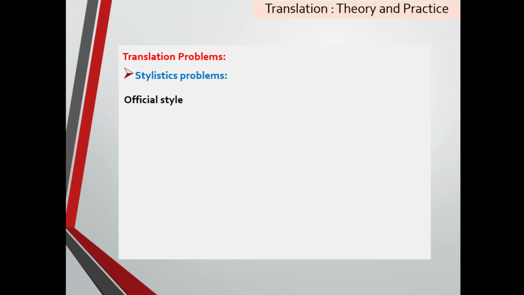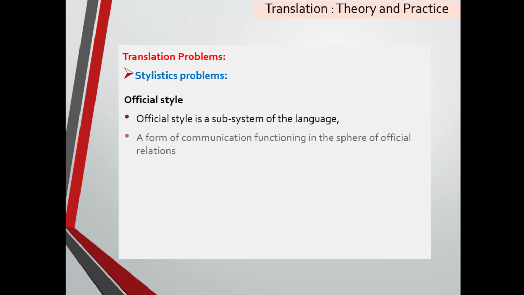By official style, we mean a subsystem of the language or a form of communication that is used in the domain of official relations. In this style, the aim of communication is to reach an agreement between two or more contracting parties.